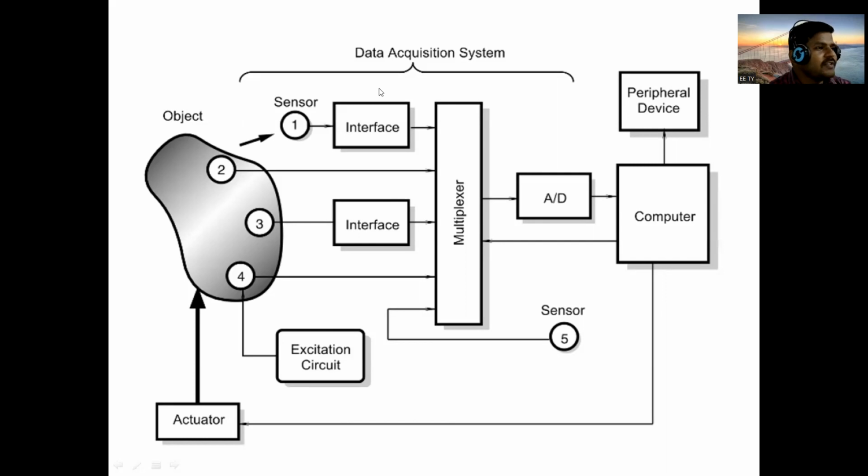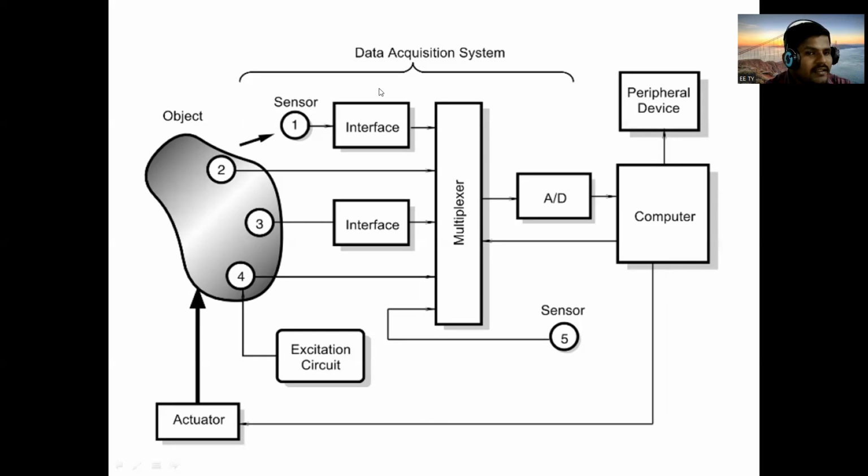Suppose the signal obtained from the sensor is in analog form and is a low level signal, so we want to convert it into a high level signal. The circuitry required for this is nothing but the interface circuit, placed between the multiplexer and the output of the sensor.